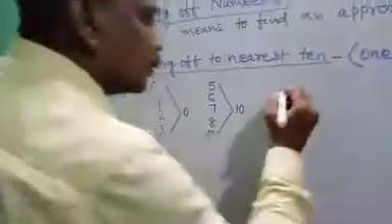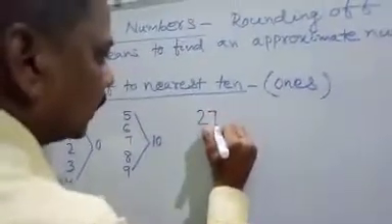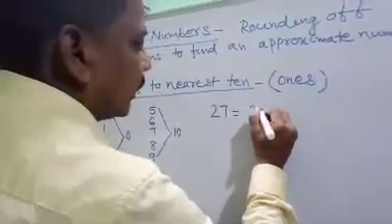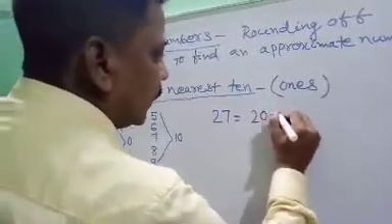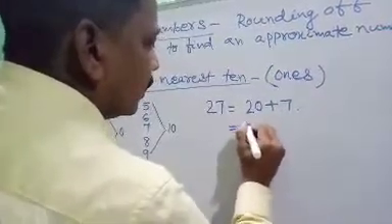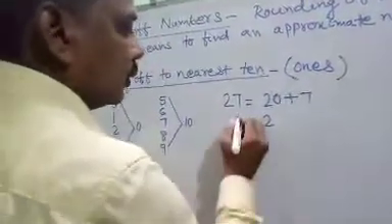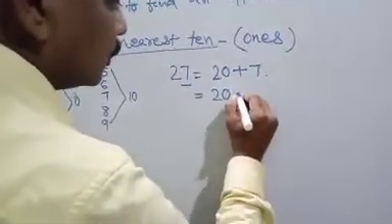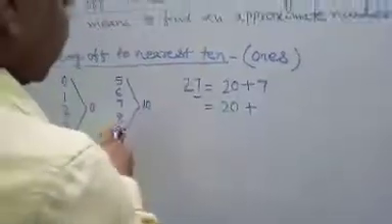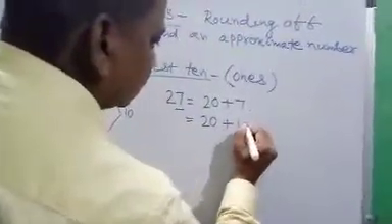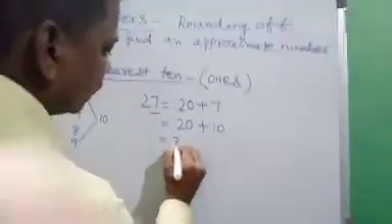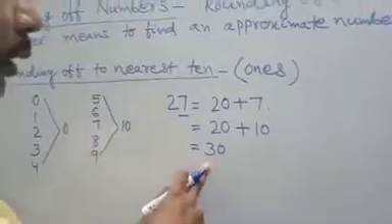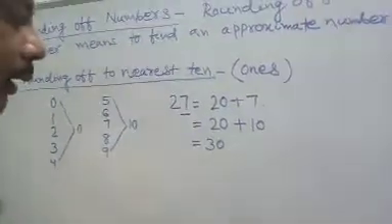Okay, so let's take an example, 27. 27 means I am expanding this as 20 plus 7. We have to round this place. So 20 plus, 7 will become 10. So our tens place increased by one. Means the rounding of 27 is 30.